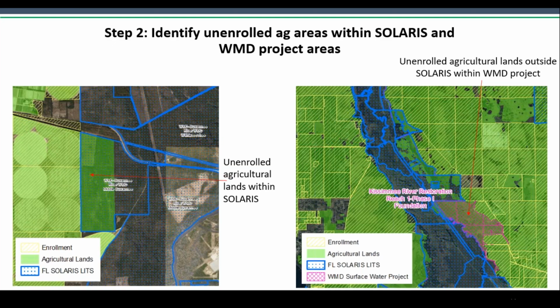To identify water management district restoration or water storage project boundaries, we obtain those directly from the WMDs and their spatial data portals. And at this point in our analysis, we now have the unenrolled ag lands outside of SLIVERS lands and the WMD projects. For some parts of the state, like in South Florida, this amounts to a really significant number of acres that would not be a priority for enrollment at this time.